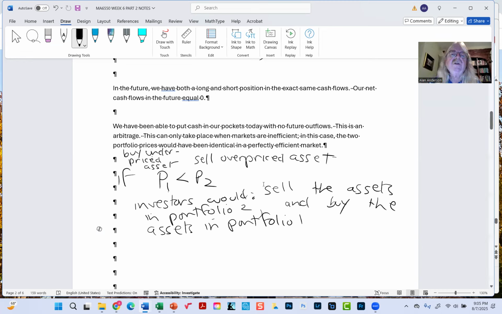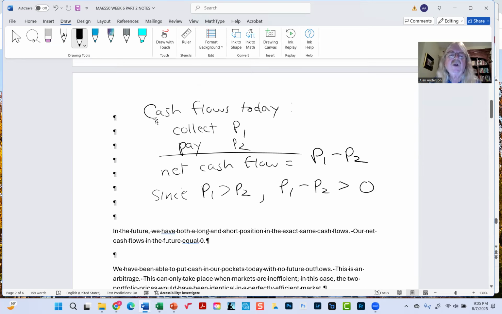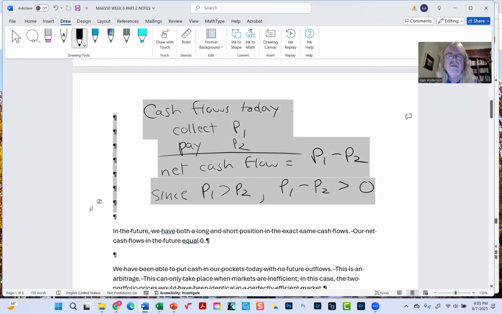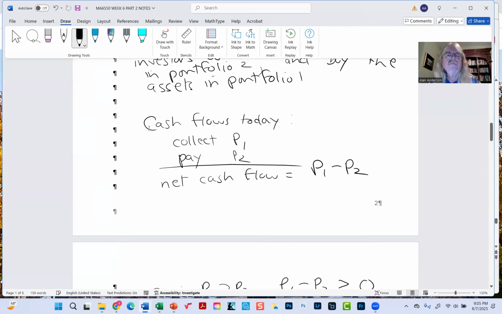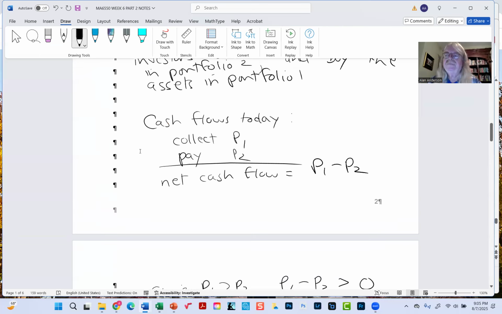And so then, this whole chart would be reversed. So you're collecting P2, and you're paying P1.